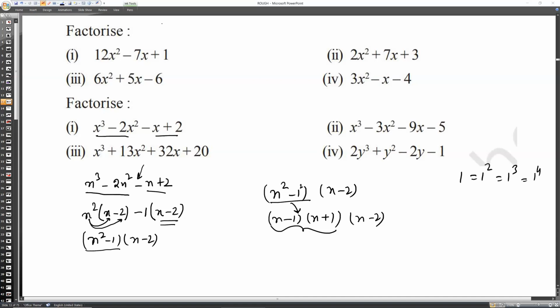Done, you understood this one? Yes, sir, I did. Okay. Have you noted this one?